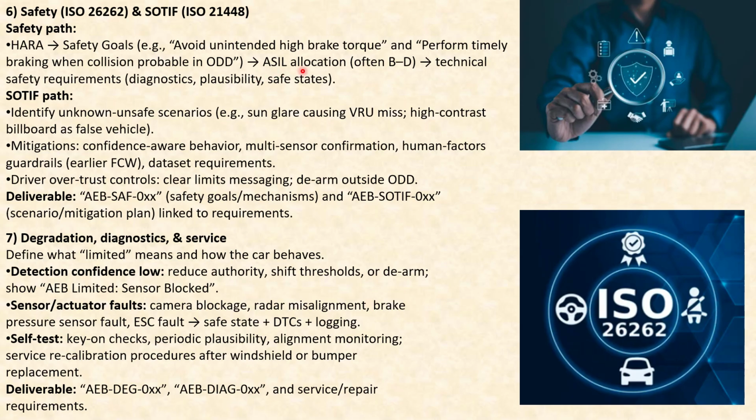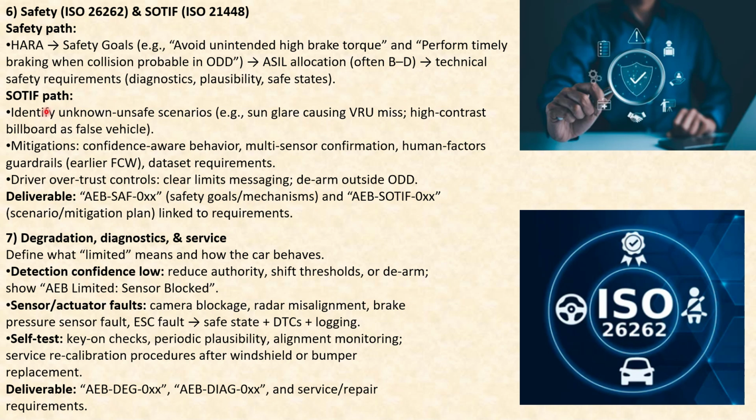And also ASIL allocation, often between B to D. Sometimes it can go to D, because, no prizes for guessing, failure of automatic emergency braking can lead to fatality. And also technical safety requirements like diagnostics, plausibility, and safe states.